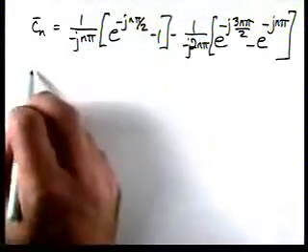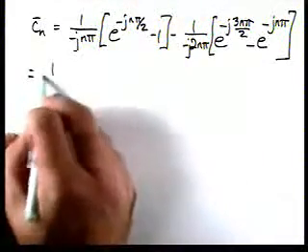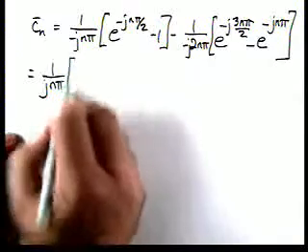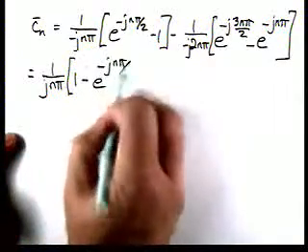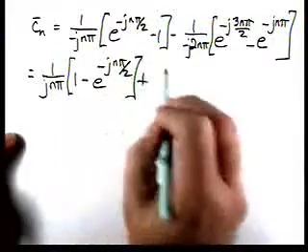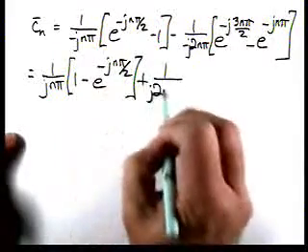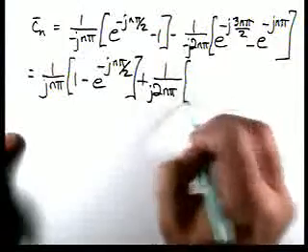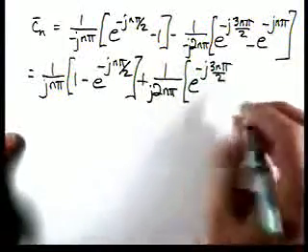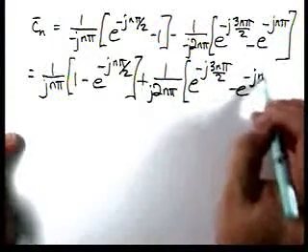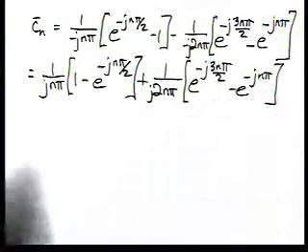And still just rearranging, 1 over j n pi times 1 minus e to the minus j n pi over 2, plus 1 over j 2 n pi, e to the minus j 3 n pi over 2 minus e to the minus j n pi. Now there's our expression for C sub n.